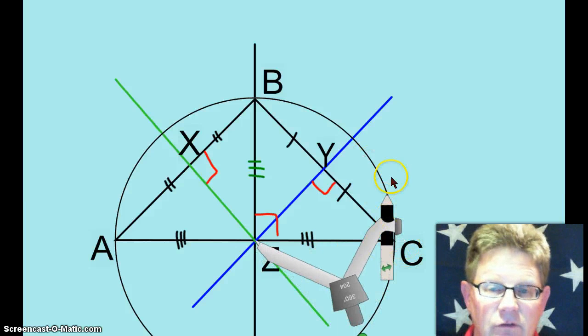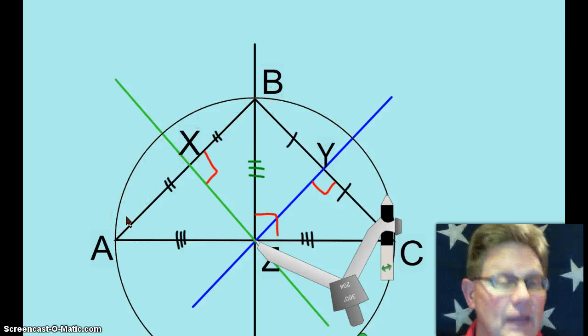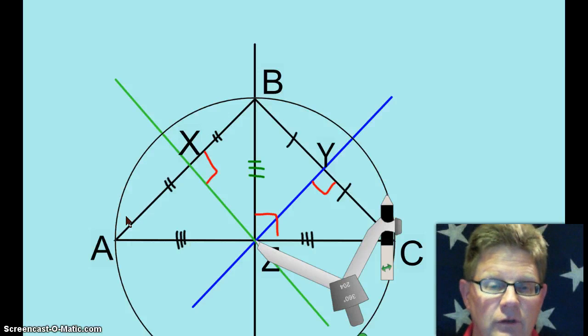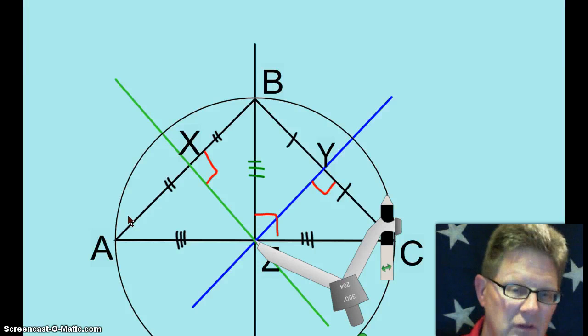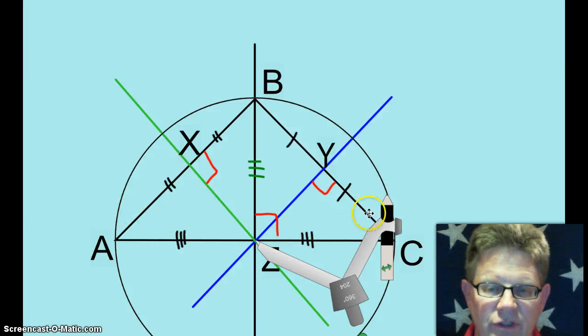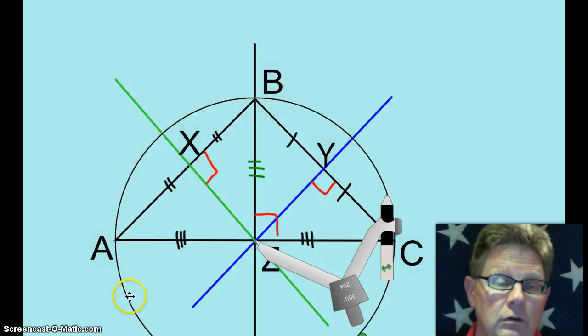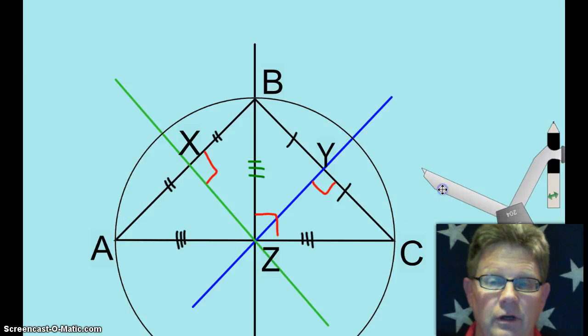That circle hits C, B, and A. That's showing you that it is equidistant from the endpoints. It is also why it's called a circumcenter, because we just circumscribed, drew a circle around that triangle hitting the three vertices. That's why Z is called the circumcenter.